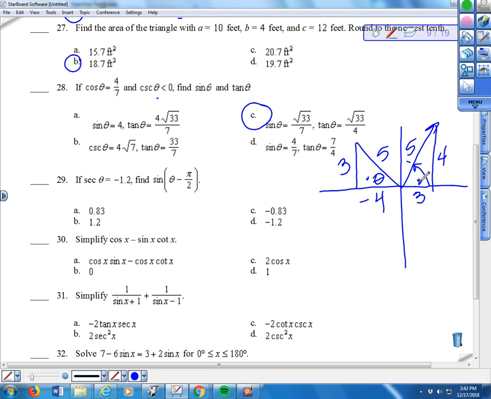I don't know why it's 0.83. Oh, it's secant. Five divided by 4 is 1.25. What's a fraction? It's a fifth more, right? So it's 6/5.